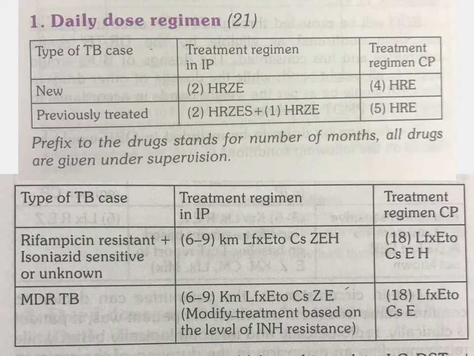Then the type of TB case, if the treatment regimen is in the initial phase, the medicines being given are for rifampicin resistant plus isoniazid sensitive or unknown, or if there is multiple drug resistant tuberculosis. So you can see the duration of treatment is 6 to 9 months in the initial phase, and then up to 18 months in the continuation phase.